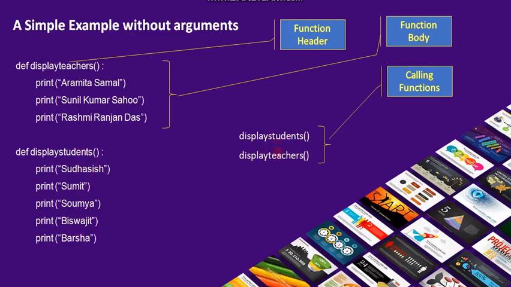And in this case, I am calling the function, so it is written here, calling function. Display students, as I wrote from here till here, but display students I am calling at first. So it means it will run this particular part at first. It means it will print all the students' names at first, then it will print the teachers' names.